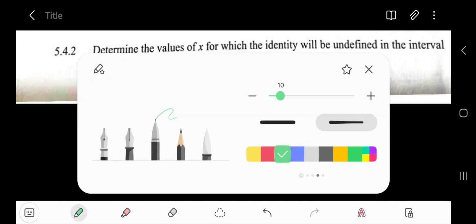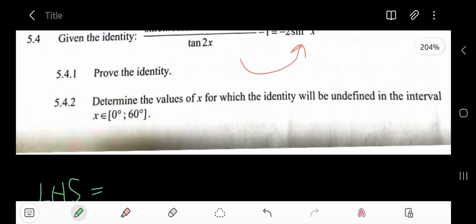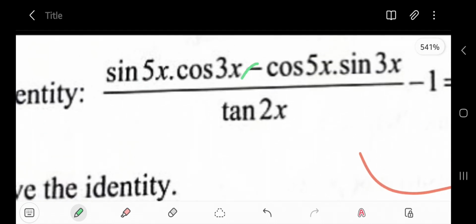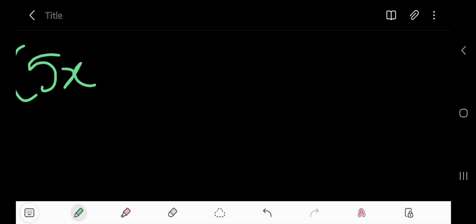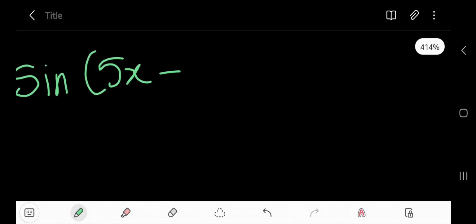We're dealing with the left-hand side, which we've identified as the one that has a lot going on. So the left-hand side is equal to, with the compound angle at the top, sine of 5x, this is a minus, so this is also going to be a minus the other angle, which is 3x.